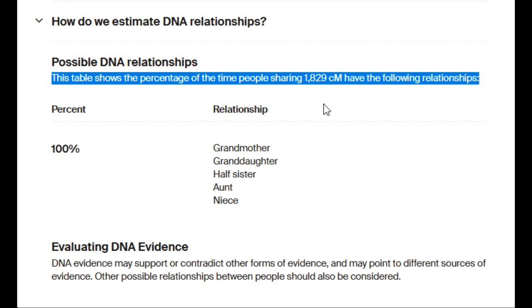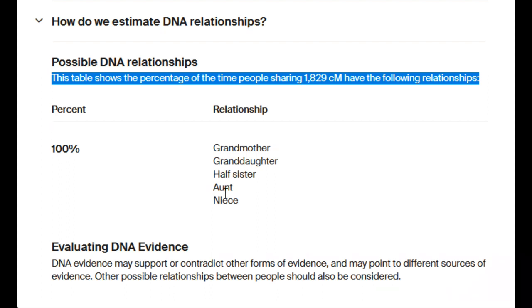They have found that, in this table, 100% of the time people sharing 1,829 CMs are either a grandmother, a granddaughter, a half sister, an aunt, or a niece. This is in relationship to Tyrone because he's a male. On mine, it would say half brother.